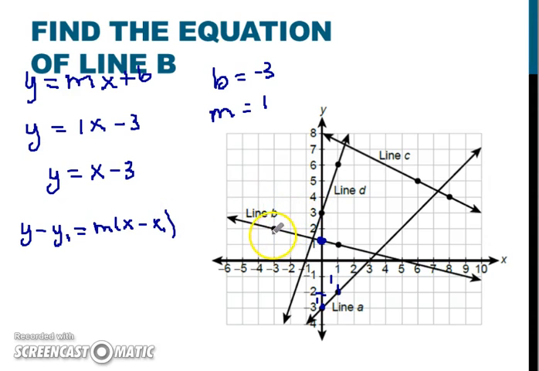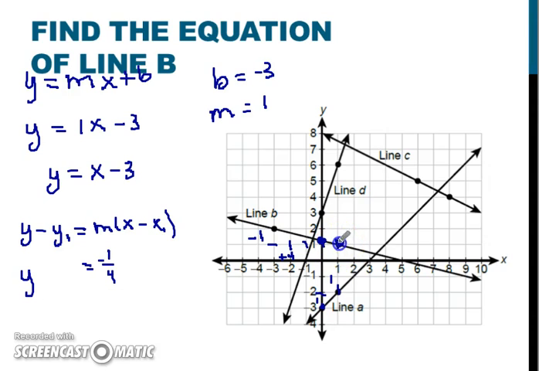So calculating out the slope, down 1 to the right 1, 2, 3, 4, that would be a slope of negative 1 over 4. So in place of m, I would have negative 1/4. And then if you remember for point-slope form, the x and the y coordinates refer to a point on this graph.